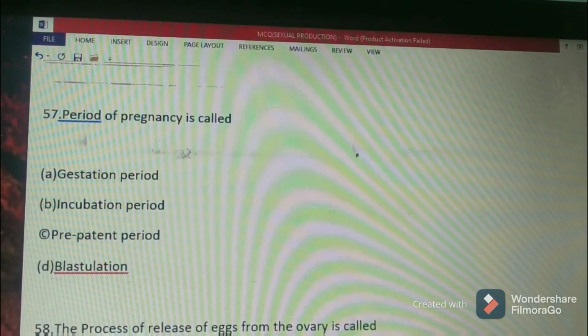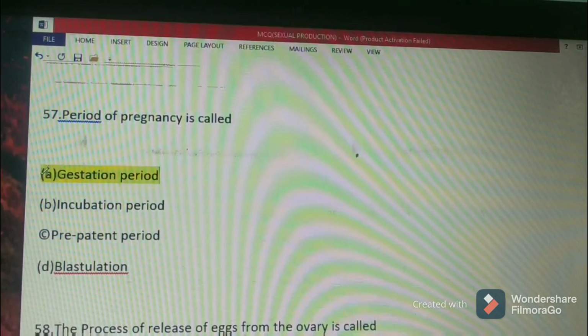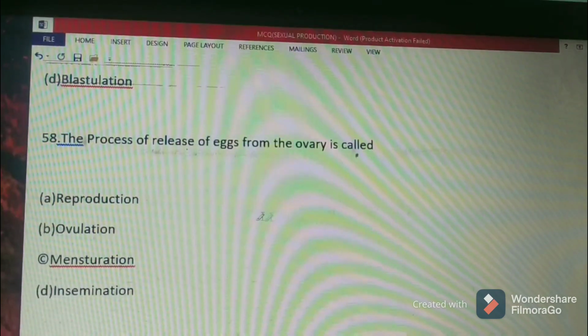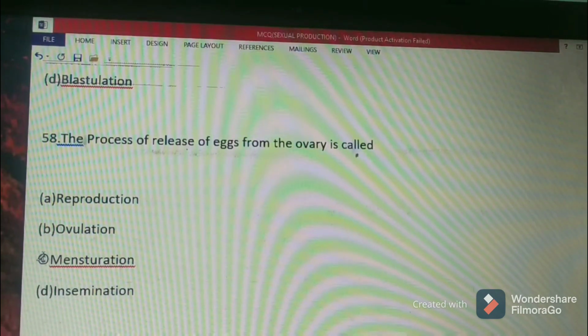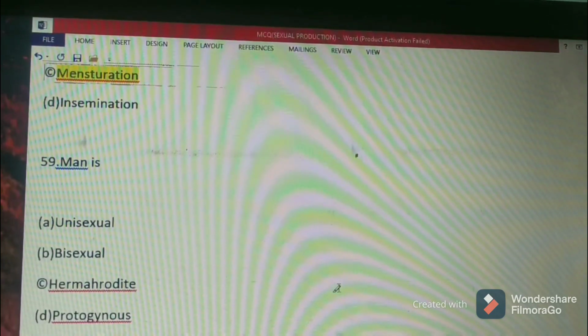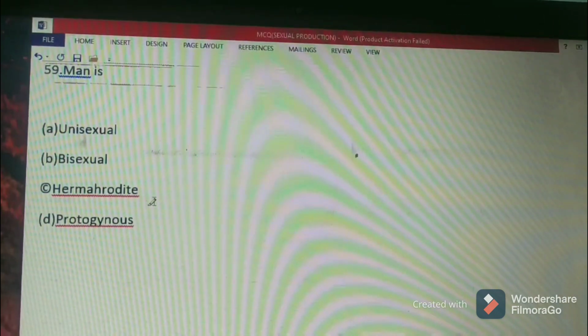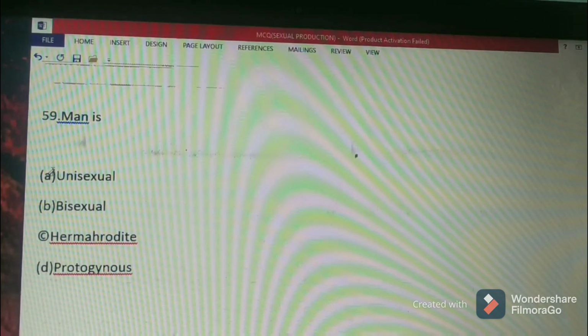Period of pregnancy is called gestation period. The process of release of egg from the ovary is called ovulation. Man is unisexual.